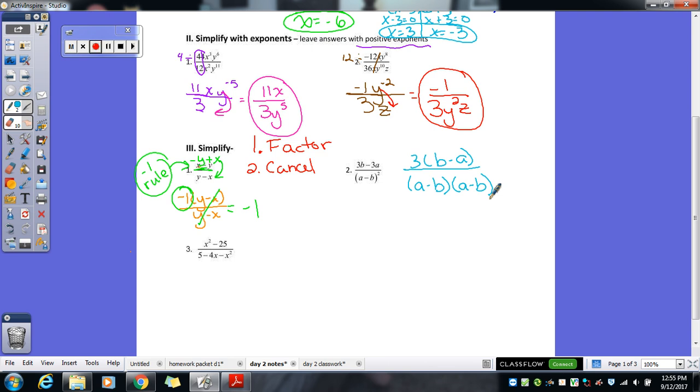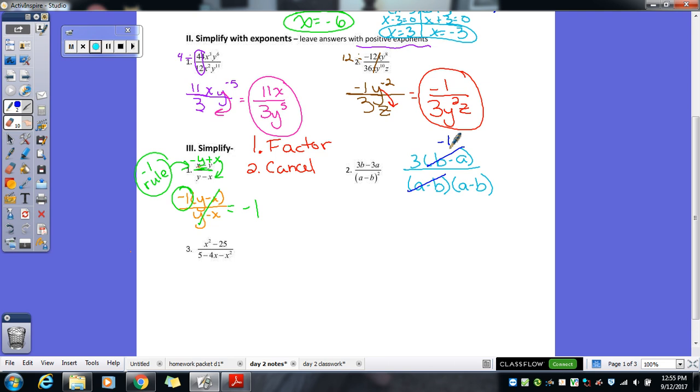So now, are those exactly the same? Do we have anything in the top exactly the same as anything in the bottom? No. But they're close. The order is reversed. It's subtraction and the order is reversed. So I can cancel this with that and make it a -1. Again, that's our -1 rule.